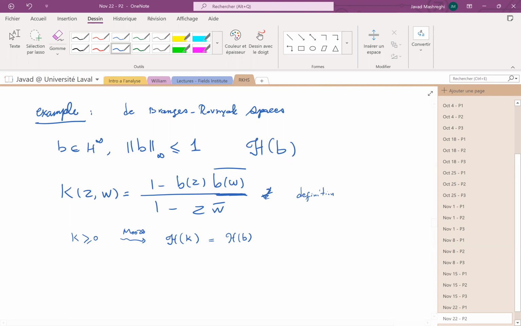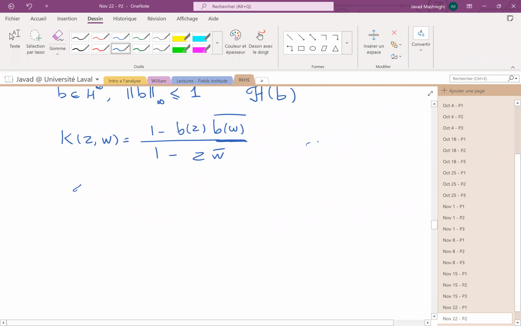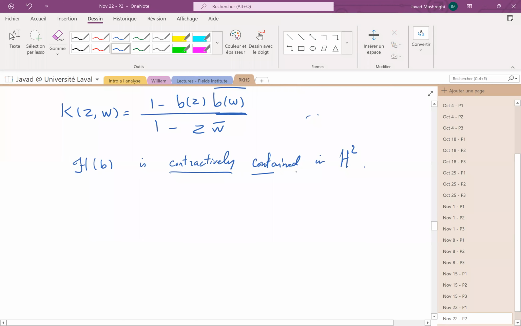The reason I mentioned this here is that I just want to state as a result that HB is contractively contained in the Hardy space H2. It's one of the famous examples of contractive inclusion.